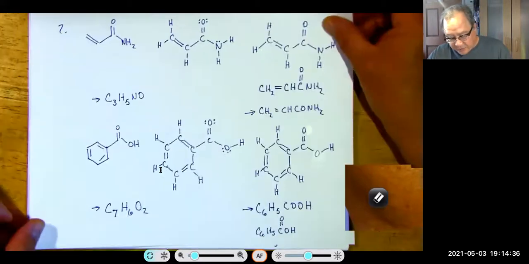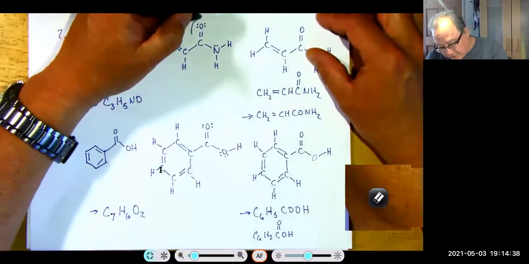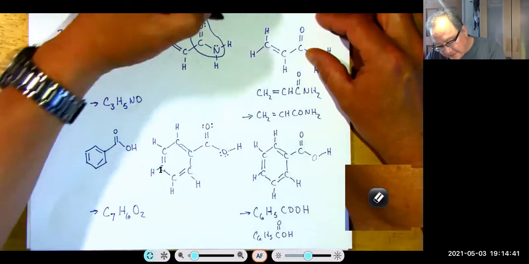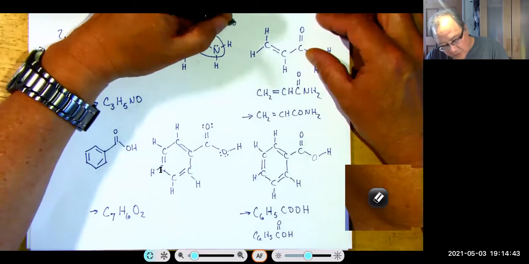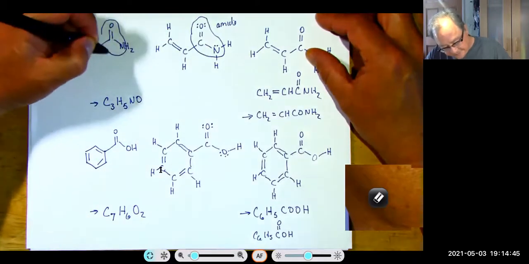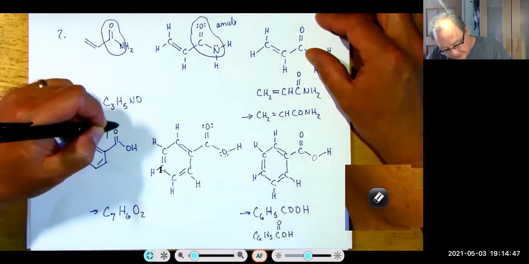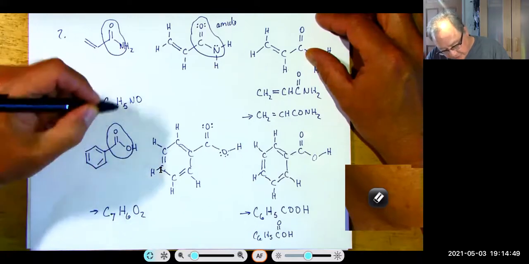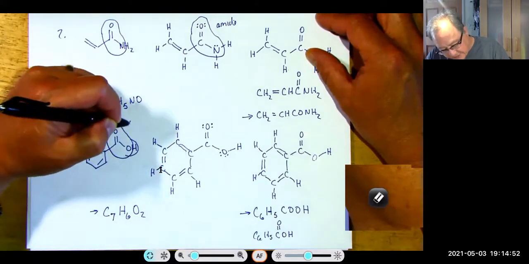How about on the previous ones? Well, I would circle this for the amide, or I would circle this. And here I would circle this, including the hydrogen, for the carboxylic acid.